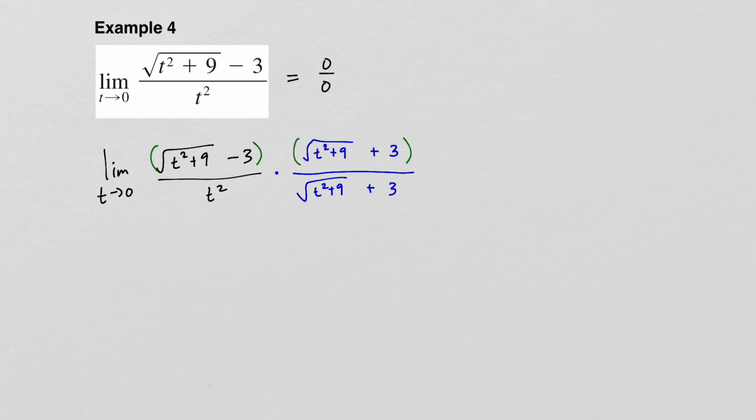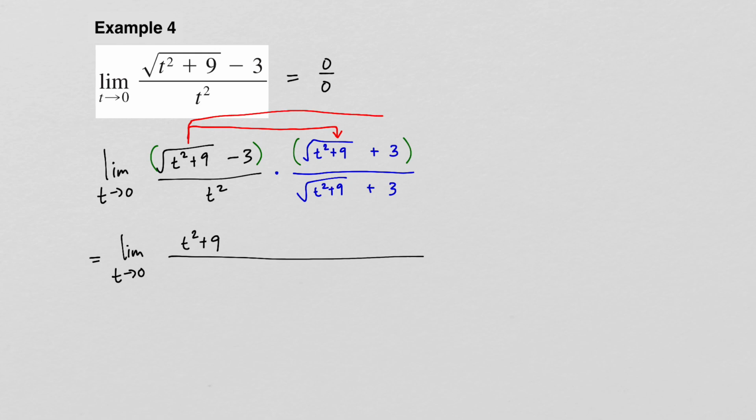So when we multiply these together, let's go ahead and put down our limit. We are going to have the square root of t squared plus 9 multiplied by the square root of t squared plus 9, and that is going to be t squared plus 9. Then we have the square root of t squared plus 9 times positive 3, which is positive 3 times the square root of t squared plus 9.